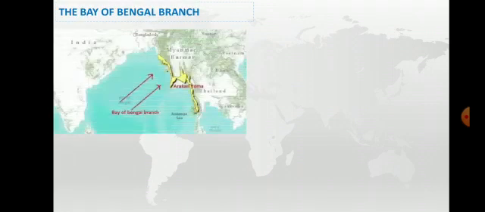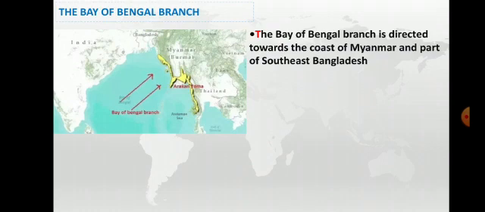Next we'll see the Bay of Bengal branch here. The Bay of Bengal branch is directed towards the coast of Myanmar and part of southeast Bangladesh. You can see that the arrow mark is shown towards the Myanmar region, isn't it?